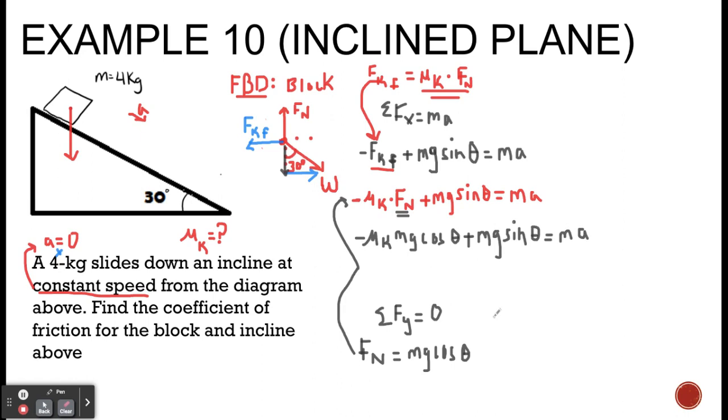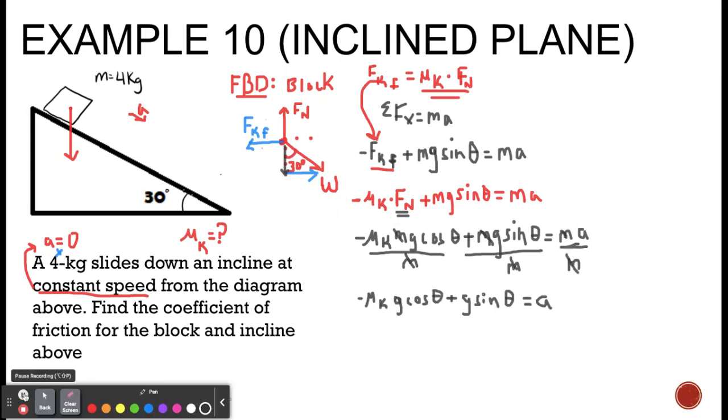It's nice here, they did give us mass, but we don't need to plug in for mass. If we divide each term by m, it'll cancel out completely. So we're left with negative mu times g times the cosine of theta plus g times the sine of theta, all equal to acceleration.